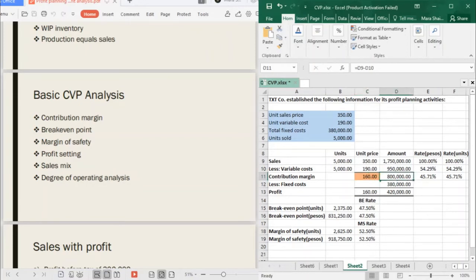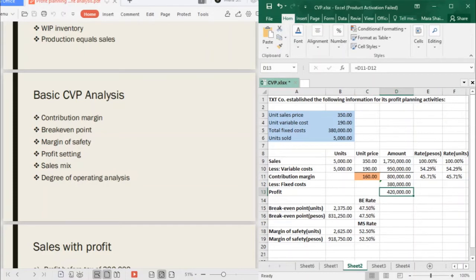As to the peso amount, simply deduct. And then you are also given the fixed cost, which is 380. So you have a profit of 420. Let's take this out so that it won't be confusing. Okay, so you have a profit of 420.